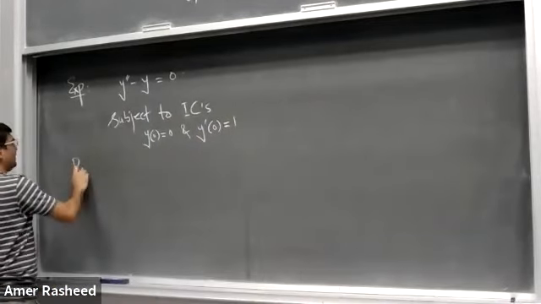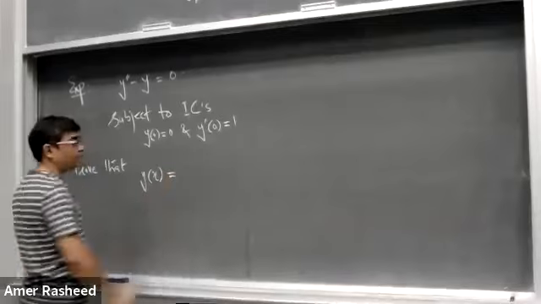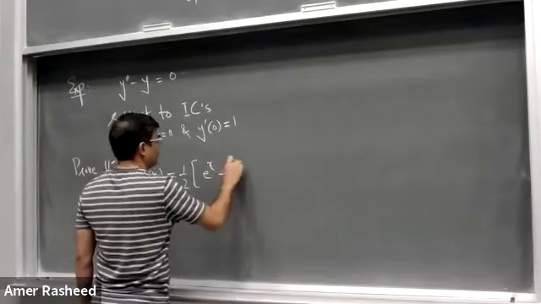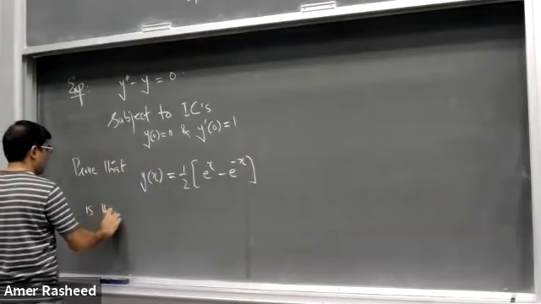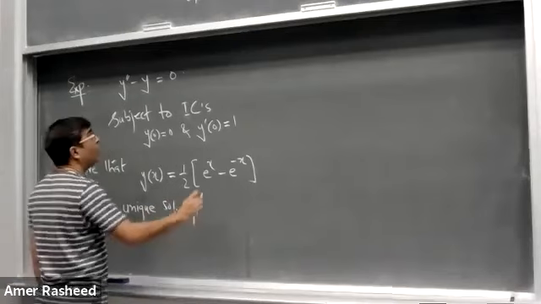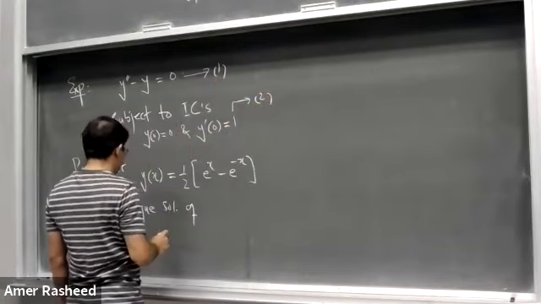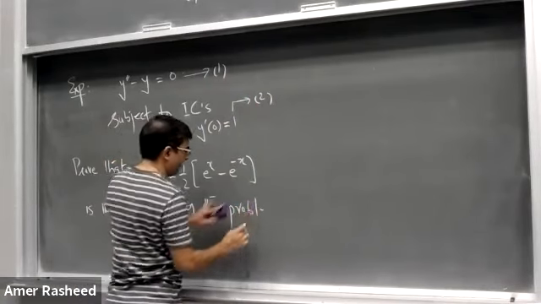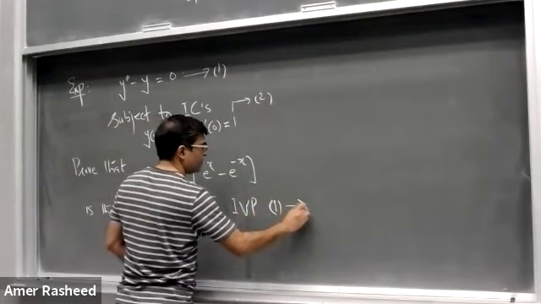Now, prove that y of x equal to 1 by 2 (e raised to the power x minus e raised to the power minus x) is the unique solution of the initial value problem, problems 1 and 2.